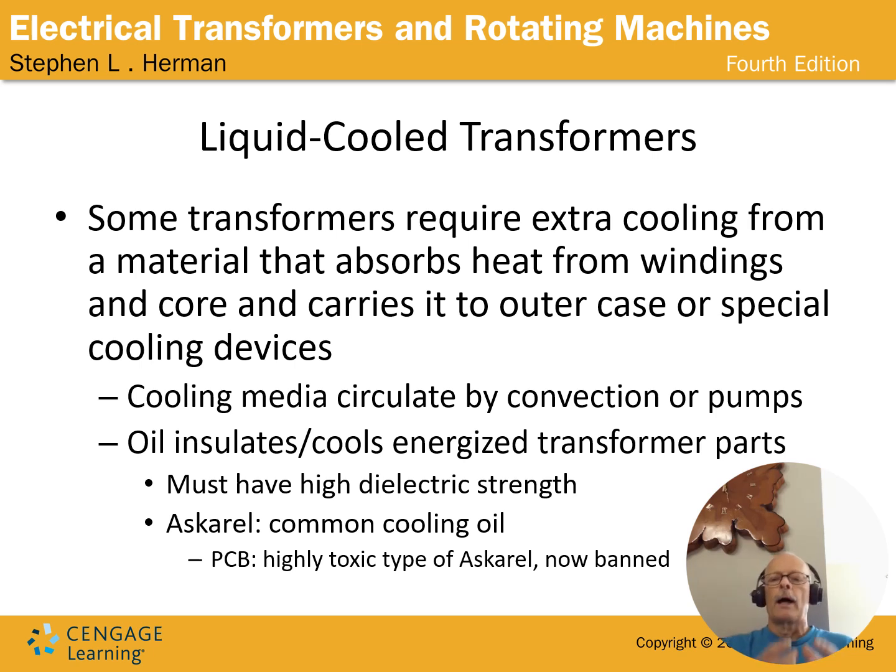It gets warm, rises and flows away from the core of the transformer and out toward the outer shell of the container, and cooler oil is pulled up along the core. The oil that goes down the outside of the container is being cooled off.